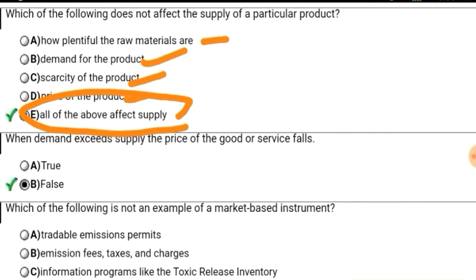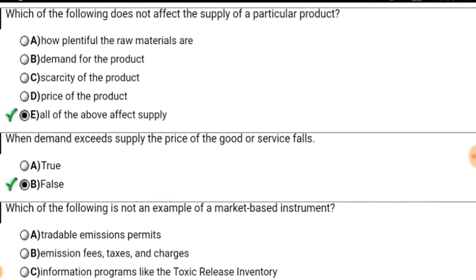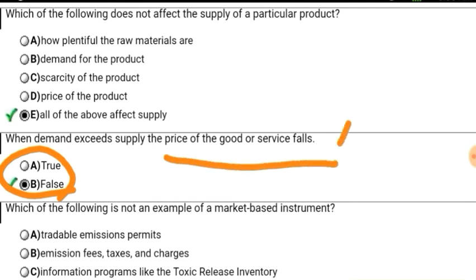Next, when demand exceeds supply, the price of the good or service falls. It is false, because when demand exceeds the supply, the price of the good increases. Or the service price is also increased because the demand is more.